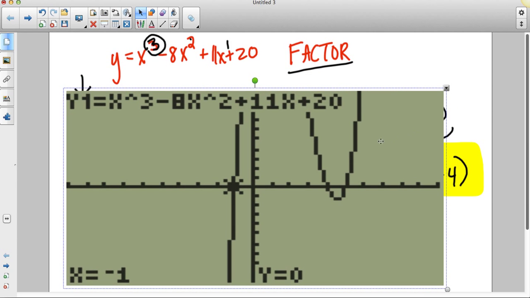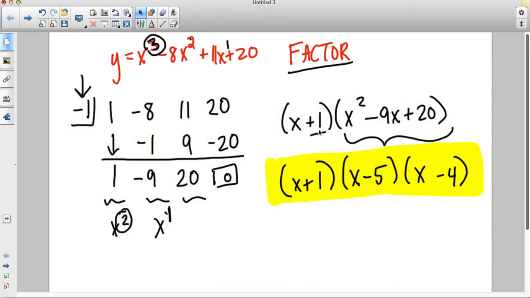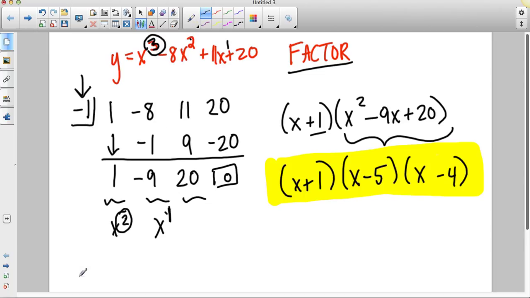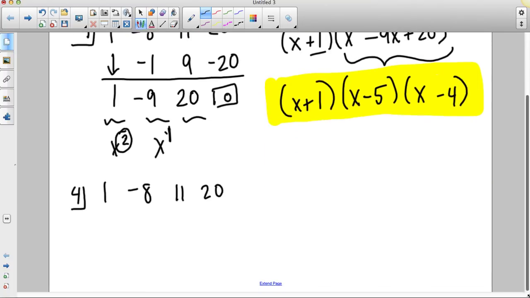What do you think would have happened? If I chose 4, would I have had a remainder? No. Why not? Because that's how you get your 0. It's on the line. When I put 4 into trace, it gave me 0 for y. Does that make sense? Same answer.